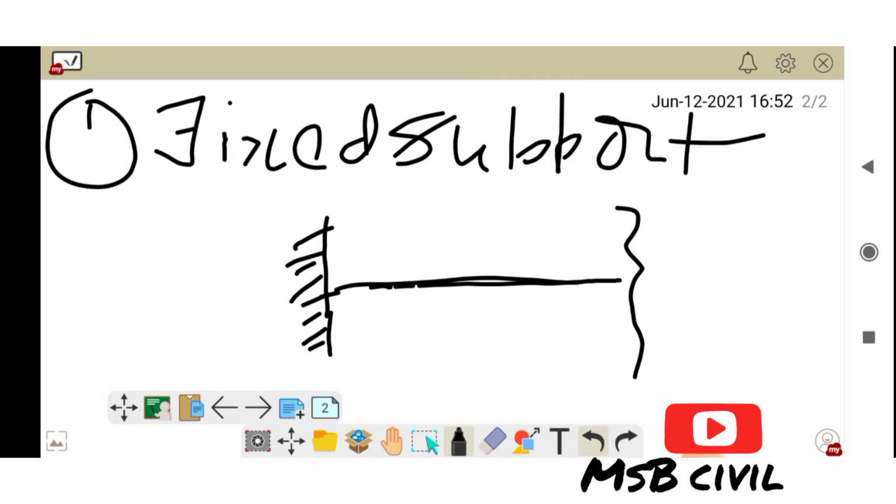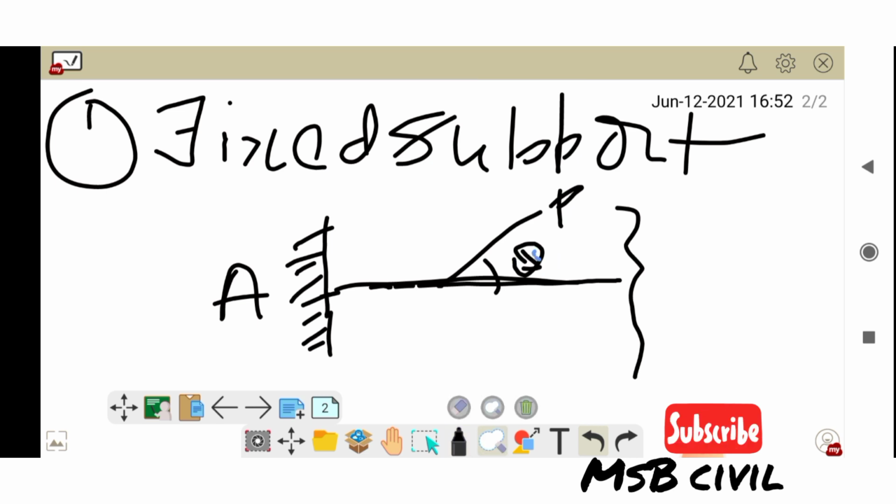This shows fixed support. Here is a point A and this is a point load P which is acting over a beam and creating an angle theta.